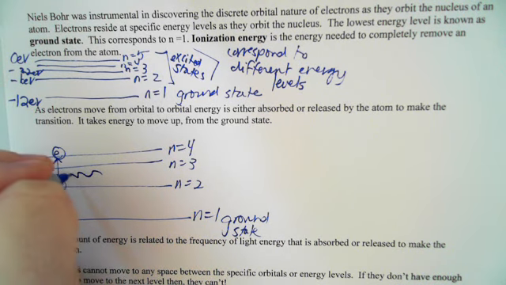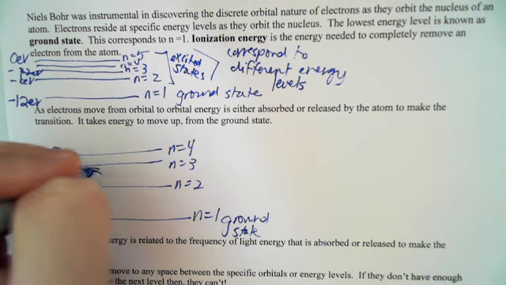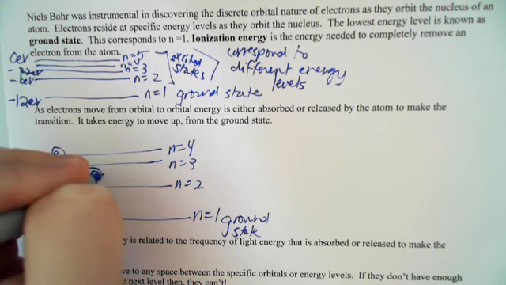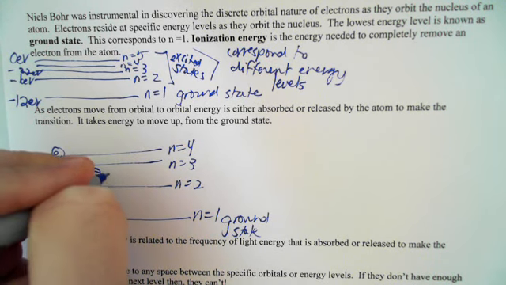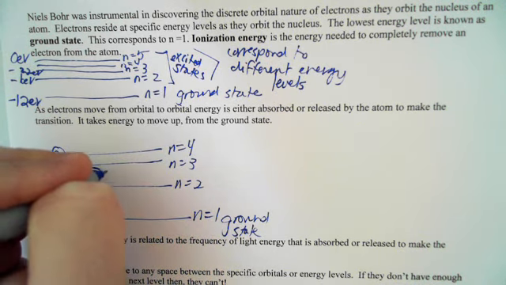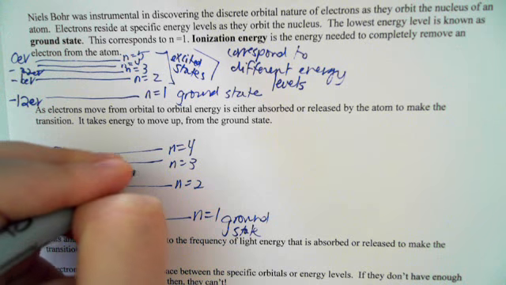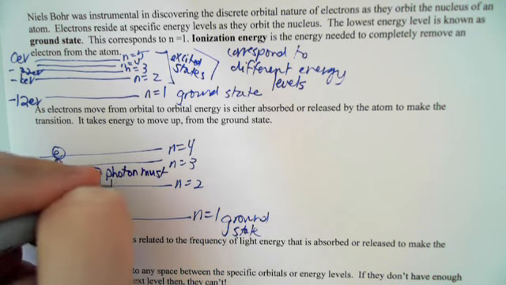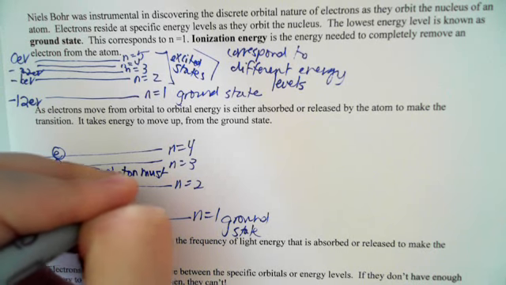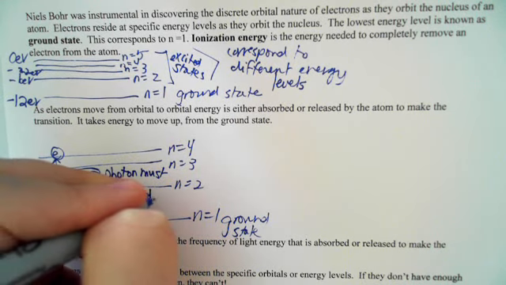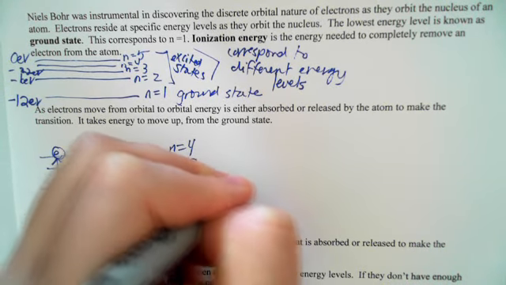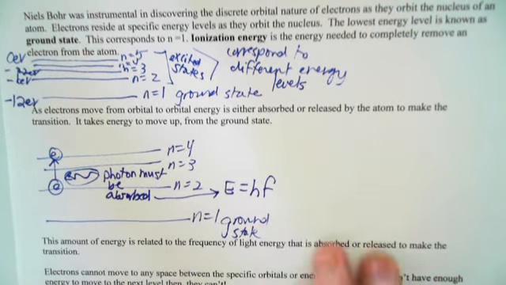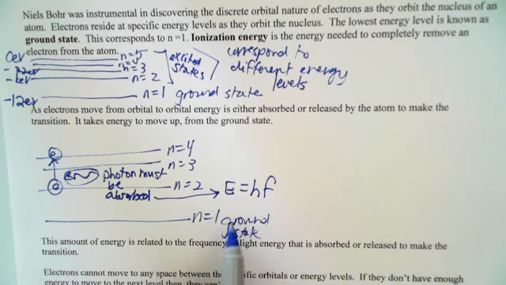I'm going to put a little wave here. This is our little photon. So energy from the outside, the photon, must be absorbed, and the amount of energy it contains is equal to hf, just like we've talked about before, the amount of energy that photon has.